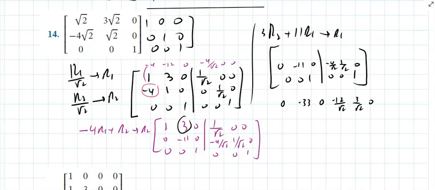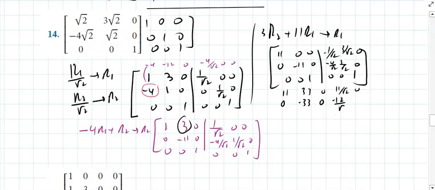And if I multiply 11 times row 1, that's 11, that's 33, that's 0, that's 11 over radical 2, that's 0 and a 0. And if you add those, you get 11, you get 0, you get 0. 11 over radical 2 minus 12 over radical 2 is -1 over radical 2, 3 over radical 2, and a 0.